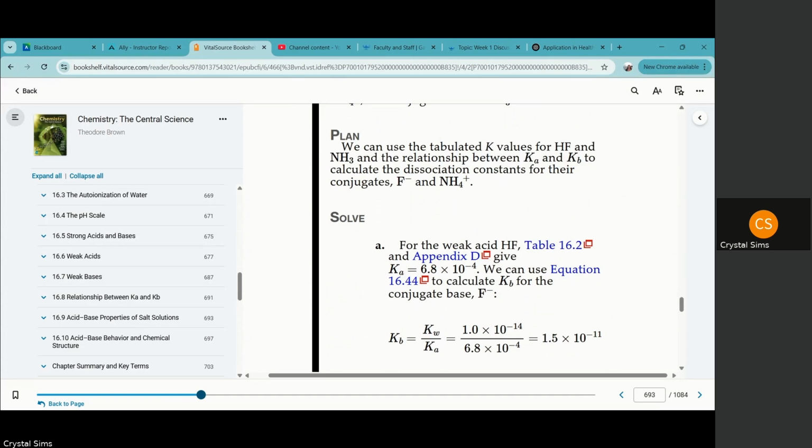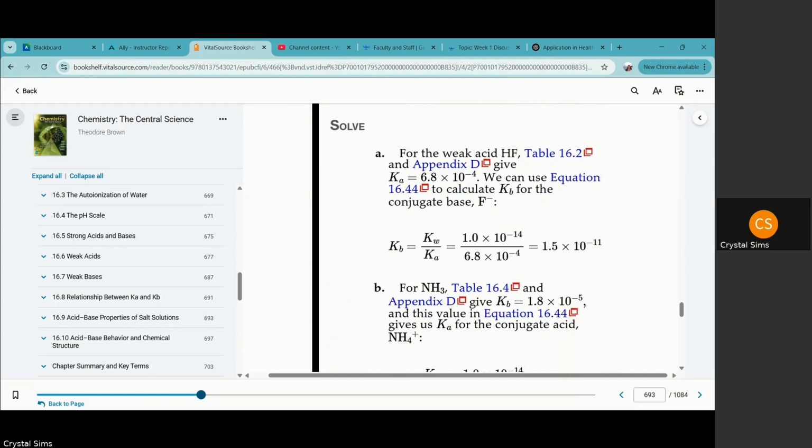Solving for Kb gives us Kw, which is always 1.0 times 10 to the negative 14 at 25 degrees Celsius, and we divide that by our Ka, which is 6.8 times 10 to the negative 4. Solving for that gives us 1.5 times 10 to the negative 11. And so that is our Kb for the fluoride ion, which is the conjugate base for HF.